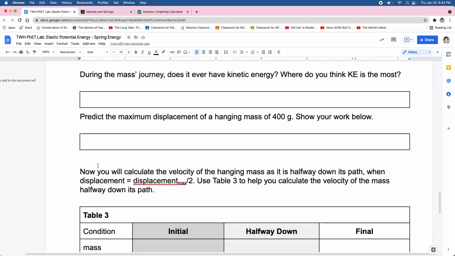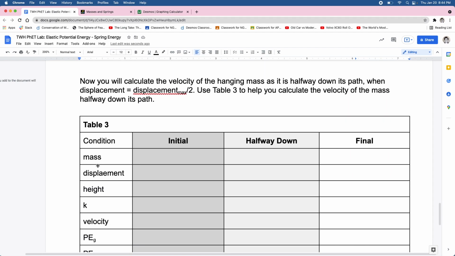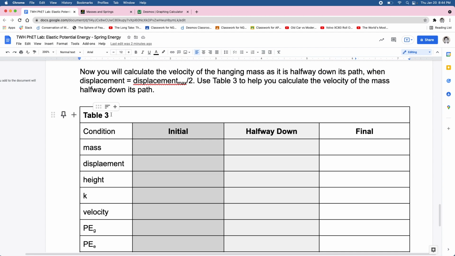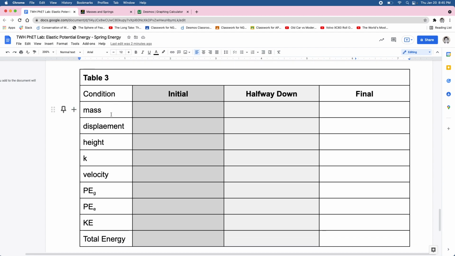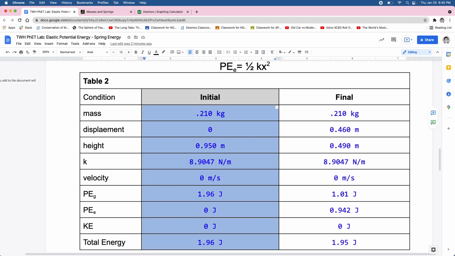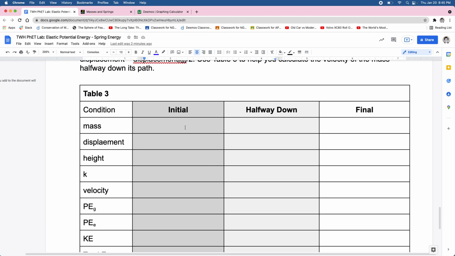Now you're going to calculate the velocity of the hanging mass as it's halfway down its path, when the displacement equals displacement max divided by 2. All right, so use table 3 to help you calculate the velocity of the mass halfway down its path. This is a little bit complicated, but if you follow the steps that we just took from above, you should be able to fill this in. All right. If you are savvy about it, you know that the initial conditions here are going to be the same initial conditions I got here.